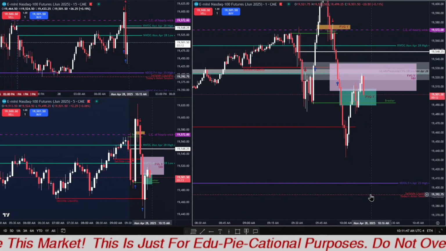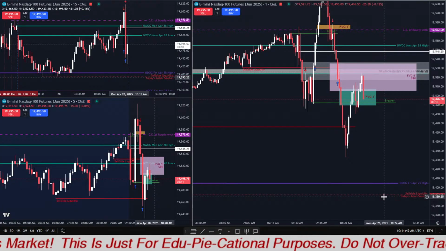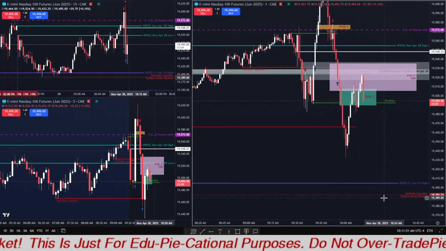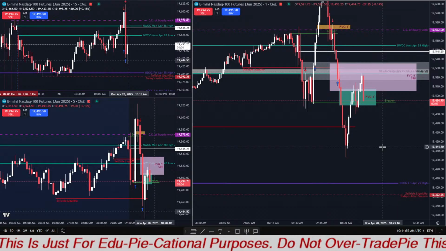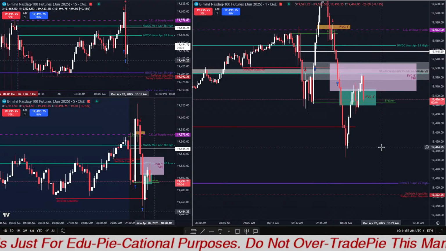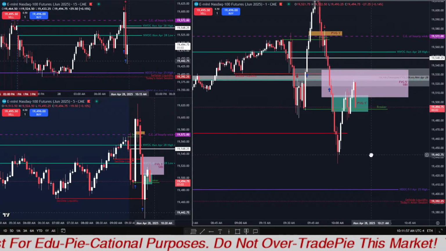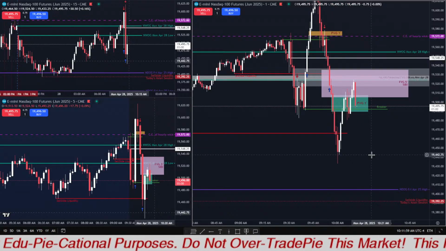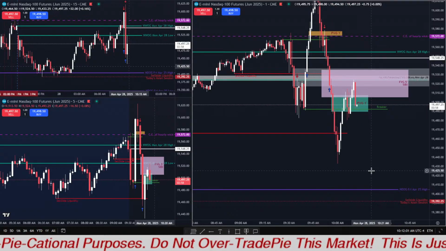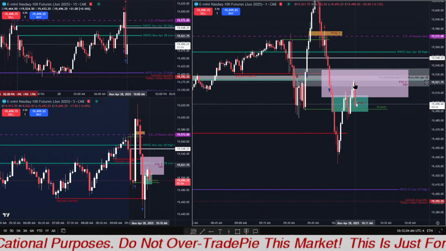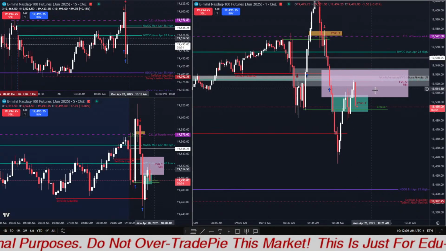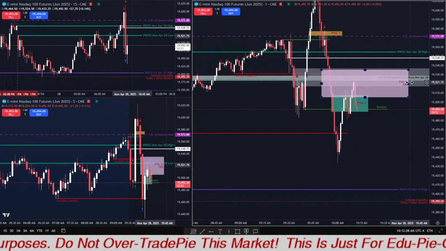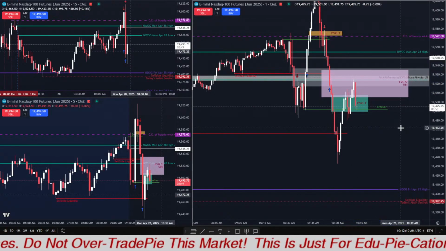For today, still I'm focusing on the sell side liquidity for this morning session, which is between 9:30 and 11 a.m. New York local time. So we have a kind of good reaction from this first presented fair value gap and the midpoint of the 5-minute CB.